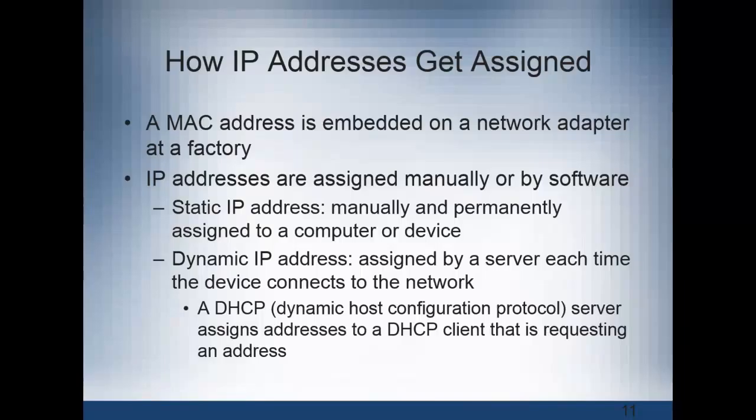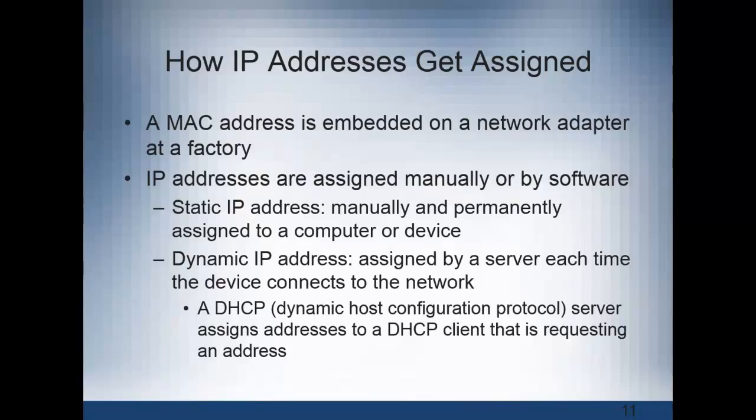Currently on the internet, we see a mix of 32-bit and 128-bit IP addresses, so we're using IPv4 and IPv6. The governing body responsible for keeping track of those assigned IP addresses is IANA, which is the Internet Assigned Numbers Authority. So IP addresses leased from IANA today, because we've run out of those 32-bit IPv4 addresses, are now all 128-bit IPv6 addresses.